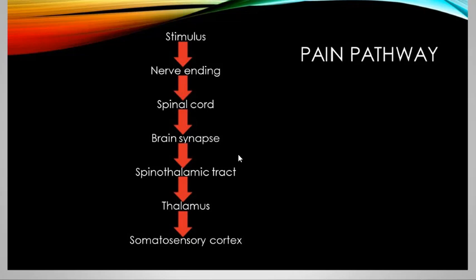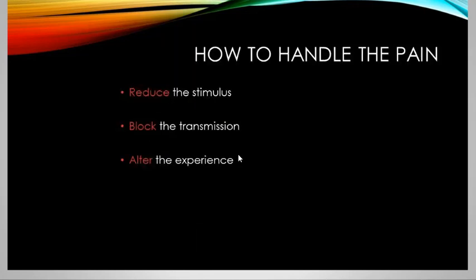First of all, there's a stimulus, which is received by the nerve ending through the spinal cord to the brain synapse, in which the spinothalamic tract processes the stimulus through the thalamus, and finally it gets to the somatosensory cortex, in which the brain processes, and we can receive it and acknowledge pain.